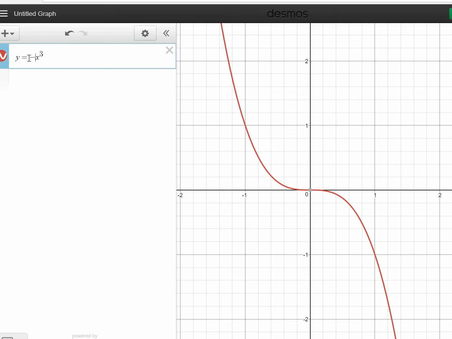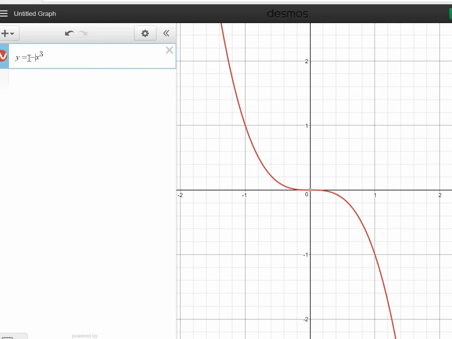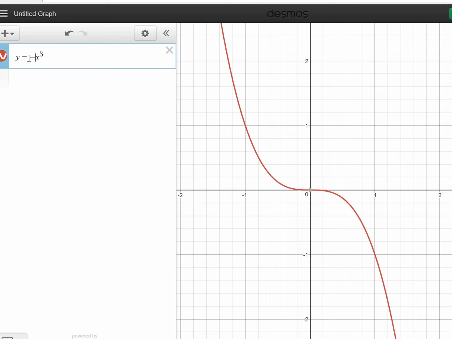All the y values that were previously positive are now negative, and all the y values that were previously negative are now positive. So there's been a flip of the graph. So our positive cubics will go upwards or be increasing from left to right, and our negative cubics will be decreasing curves. They'll go down from left to right.